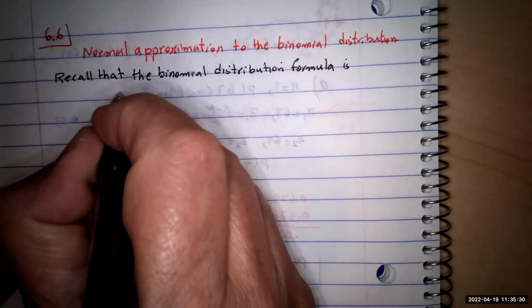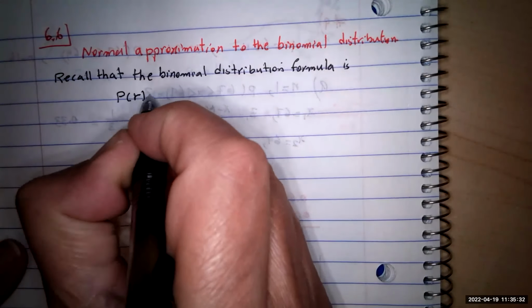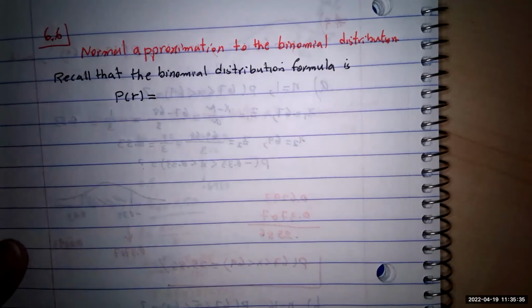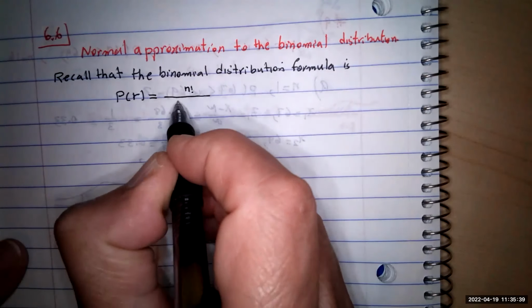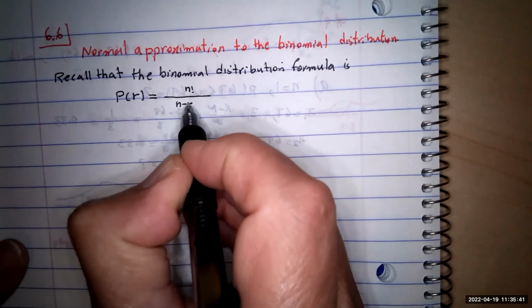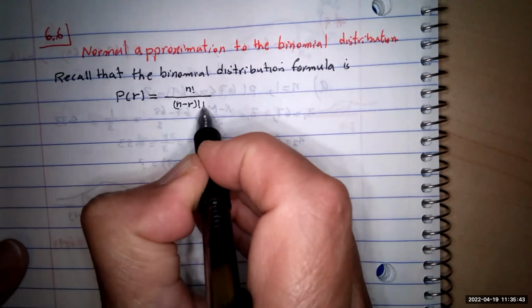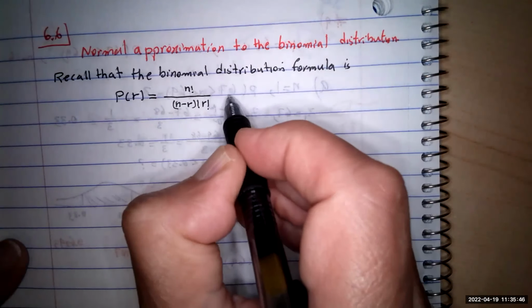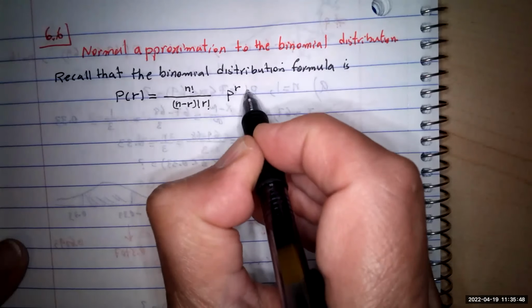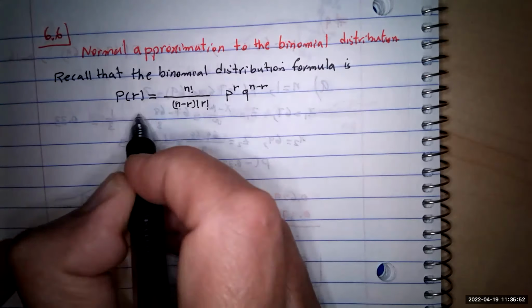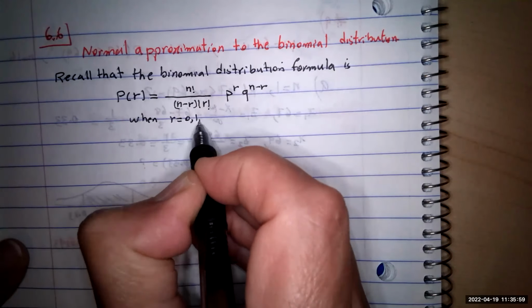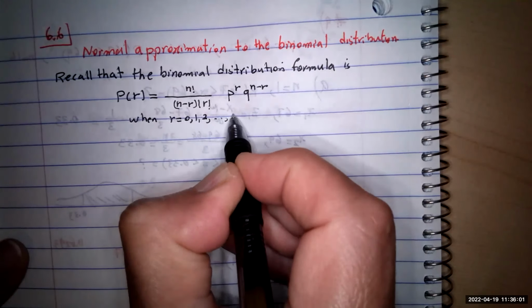P of R, probability of R successes, is equal to n factorial over n minus R factorial times R factorial, P to the R, Q to the n minus R. And this would happen when this R, the number of successes, can be equal to 0, 1, 2, up to n.